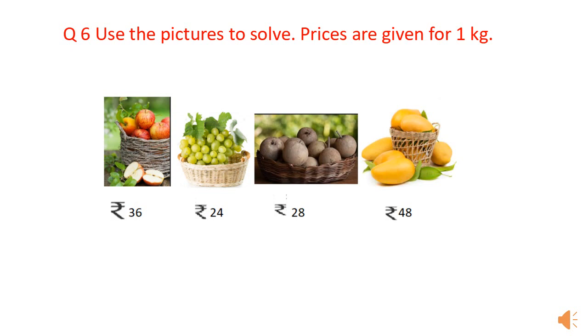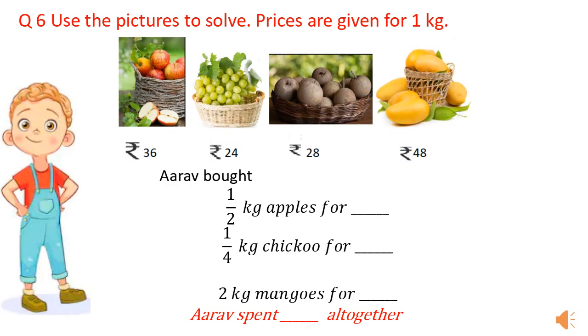And what is the cost of 1 kg mangoes? Yes, it's 48 rupees. Okay. Now see, Arav bought half kg apples, 1/4 kg chiku and 2 kg mangoes. And you need to find out how much Arav spent altogether.